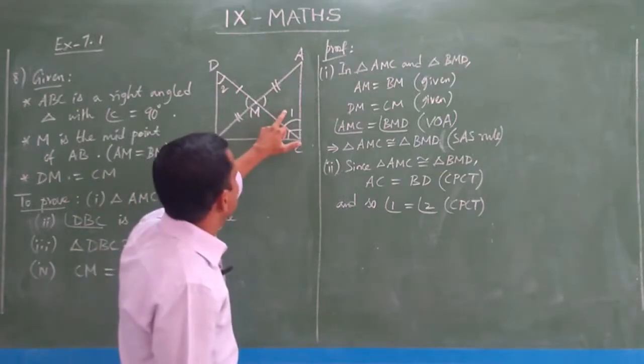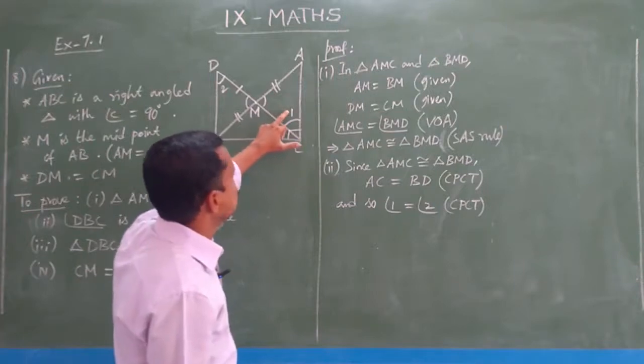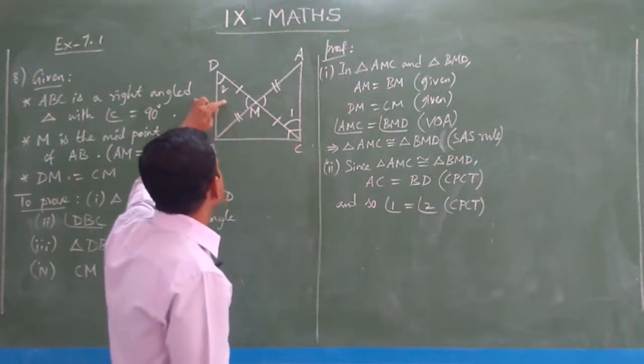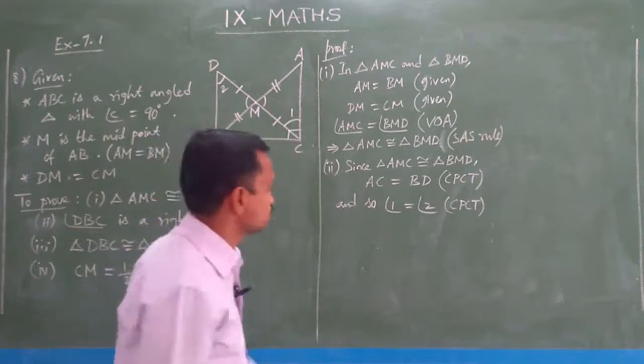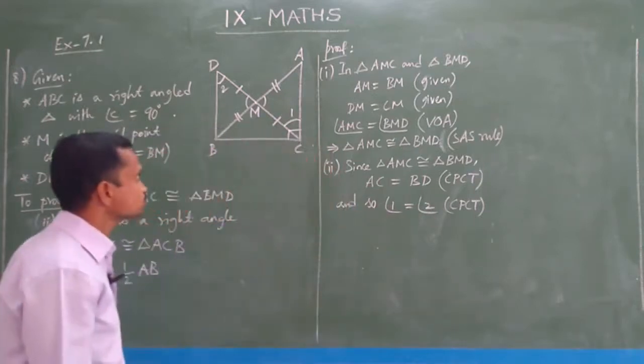From triangle AMC I have taken angle 1, and from triangle BMD I have taken angle 2. They are equal by CPCT.